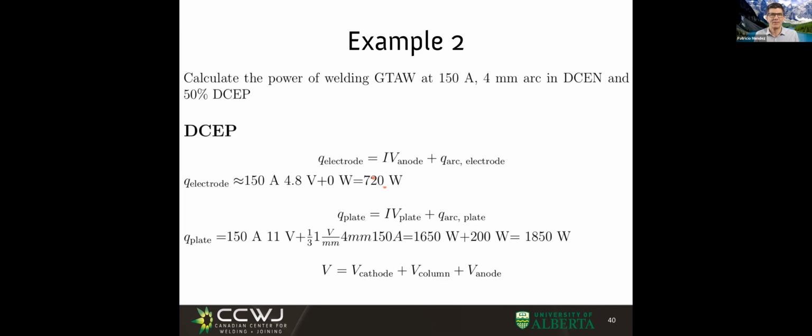I'll tell you a very funny story. When I started my PhD, I went to Oak Ridge National Lab for a good part of a summer to do a set of experiments aimed at modeling of TIG welding. And because I wanted to be very scientific, I said I want to do all the velocities I can do, all the currents I can do, all the arc lengths I can do. I want to do both polarities.